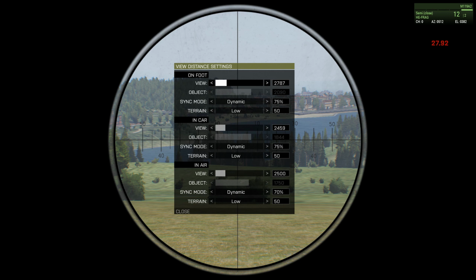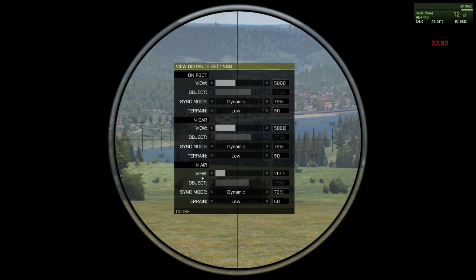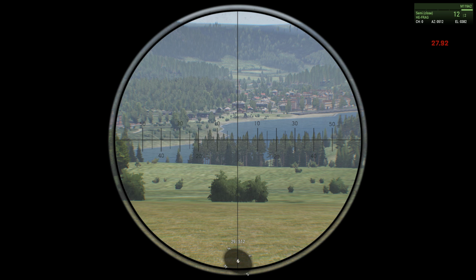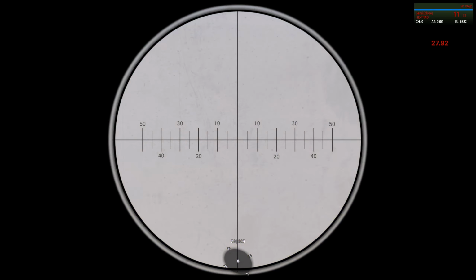And let's just crank our view distance a little bit further. We'll call that 5 kilometers. Close that out. Alright, we'll just double check. We are on charge 0, azimuth 0512, elevation 0382, and we will now fire.